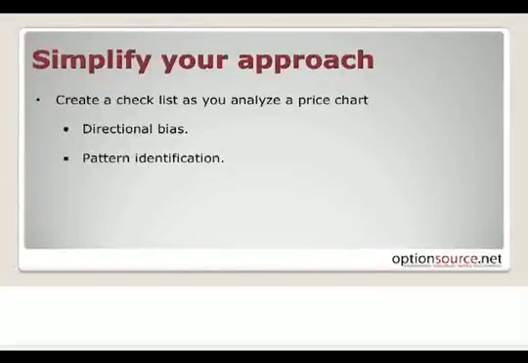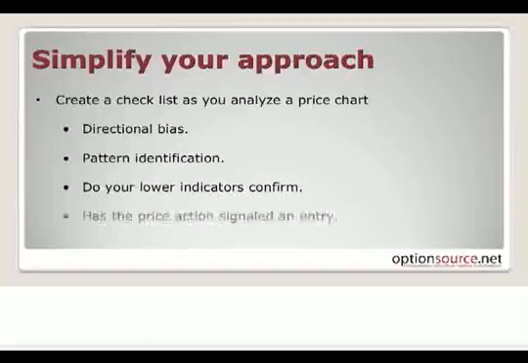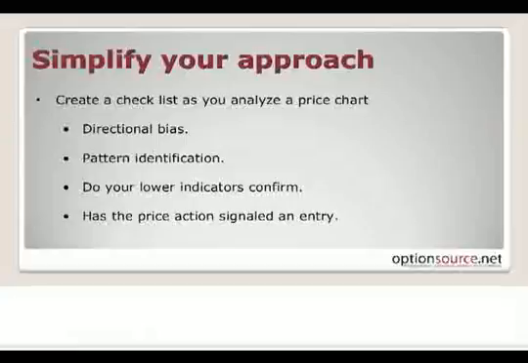So create your directional bias with that one indicator, identify a particular pattern, look at your lower indicators to see if there's a confirmation, and then finally watch your price action with respect to signaling and entry. Remember that price action, in my opinion, is what is going to determine your trade entry.